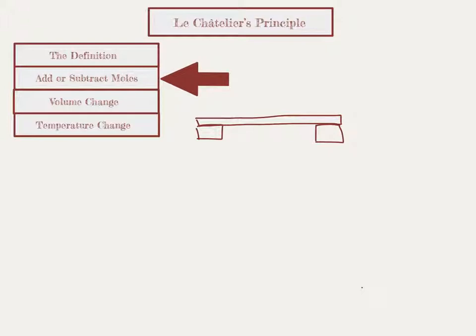If I add an extra product block, let's say tipping the plank, we're no longer at equilibrium. The board is no longer level. So the equilibrium will need to shift some of these blocks or a portion of the block towards the reactant side to get us back to equilibrium balance.